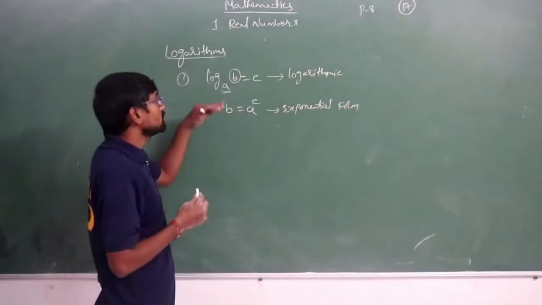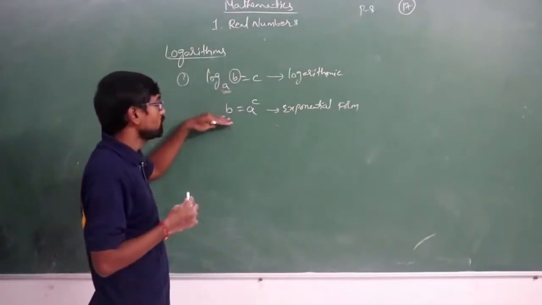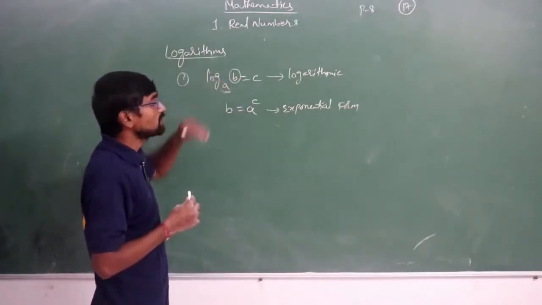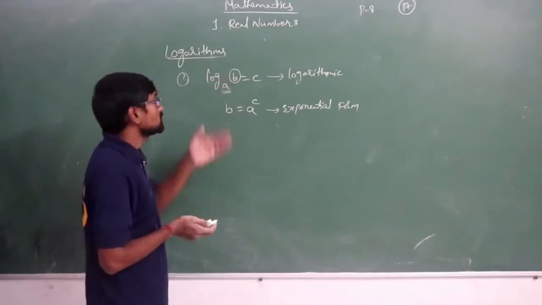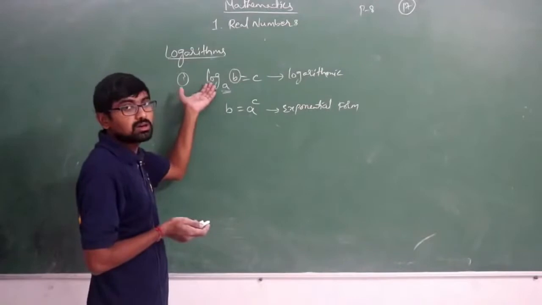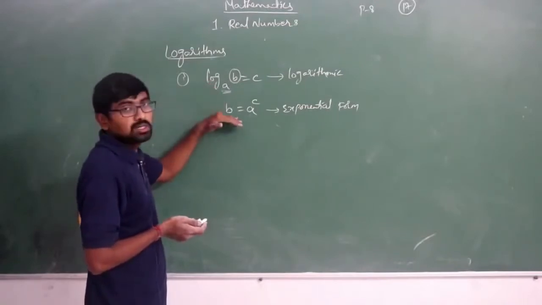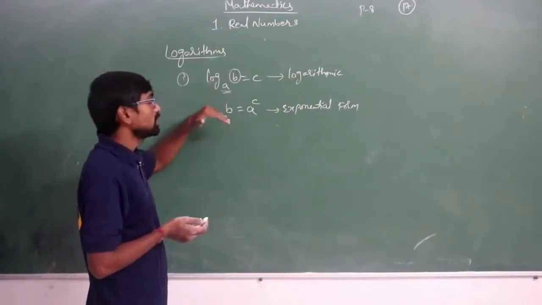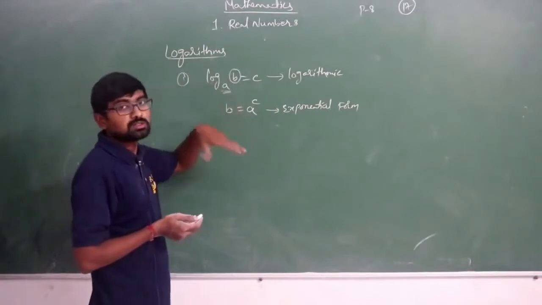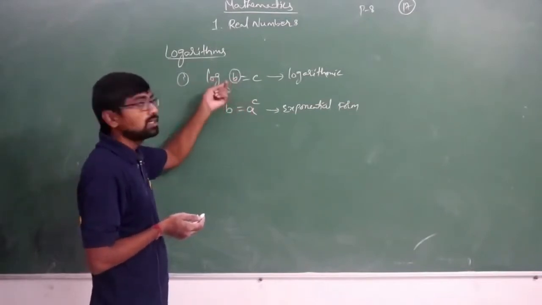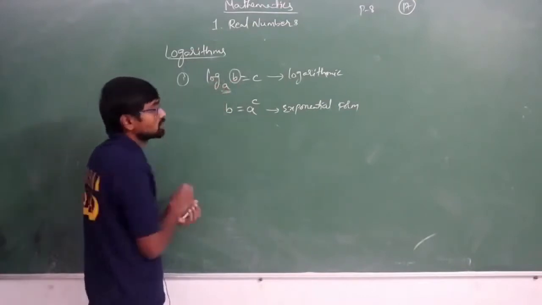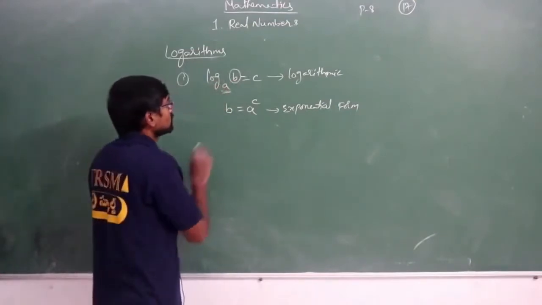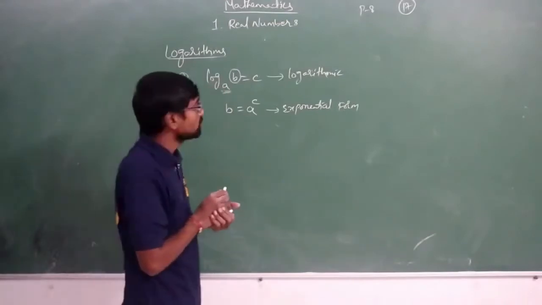This is how we convert logarithmic form into exponential form, and exponential form into logarithmic form. So what is logarithm? Logarithmic form is the opposite of the exponential form, and exponential form is the reverse. So this is the first formula. We are just writing the logarithmic forms of formulas.